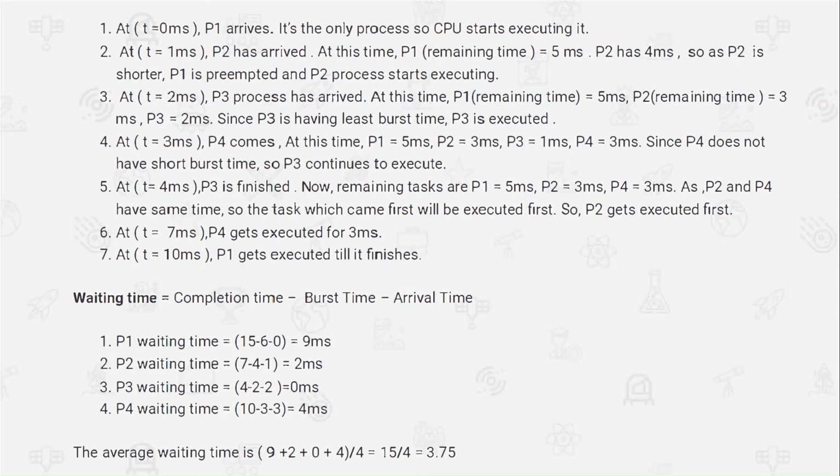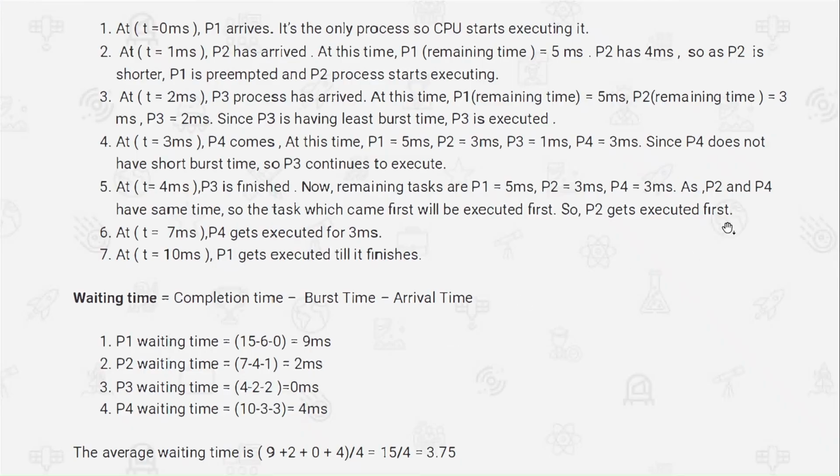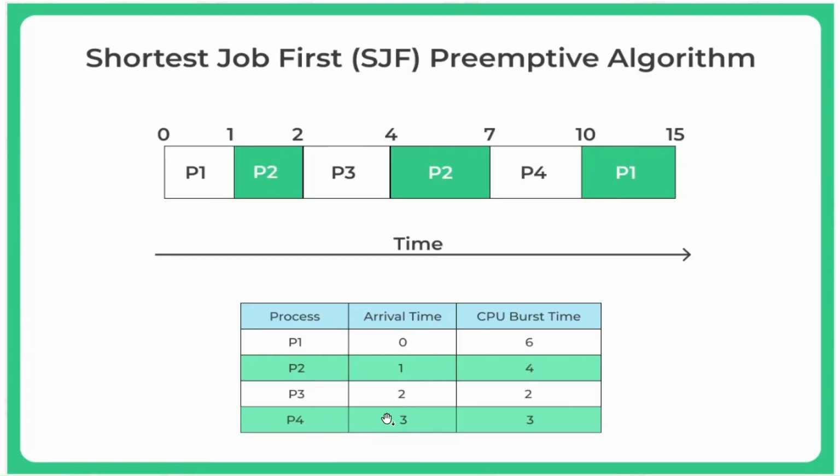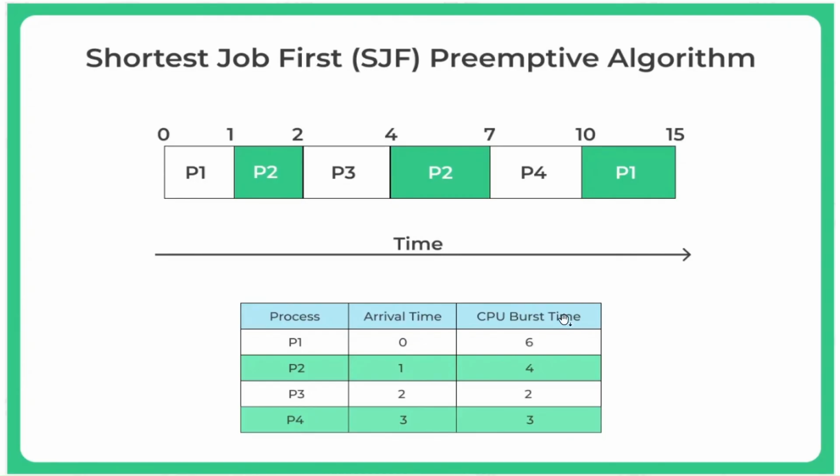In this case, we need to follow the FCFS, the first-come first-served scheduling algorithm rule. So we need to look at the arrival time now. As P2 and P4 have the same burst time, the task which came first will be executed first. So FCFS follows here. So the process P2 will be executed first.